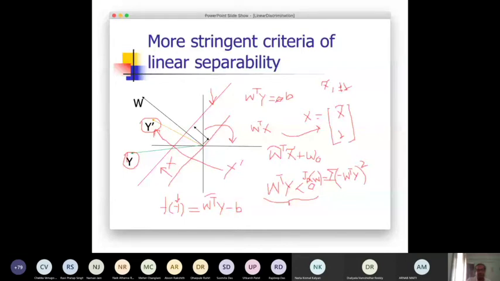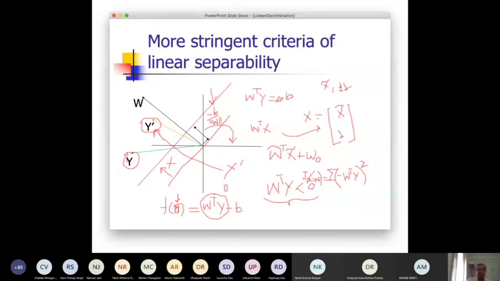So F of origin vector is minus B. So this should be minus B by norm of the weight vector. Okay, is it clear?